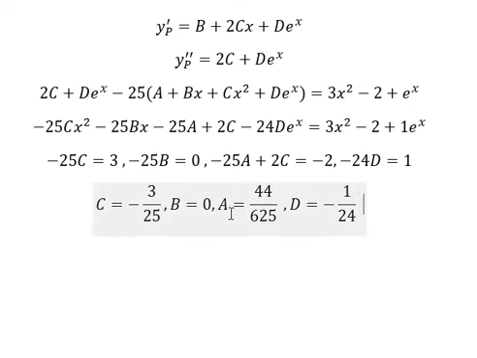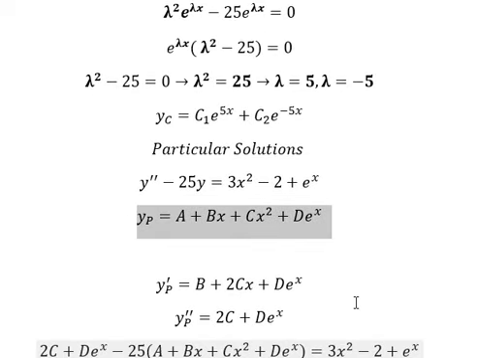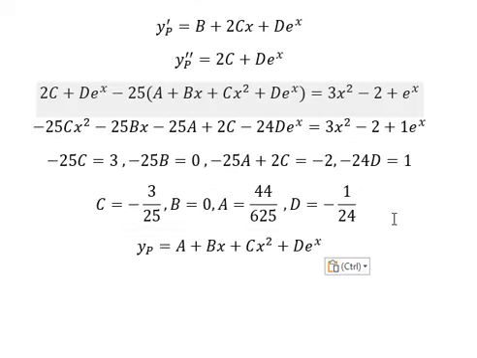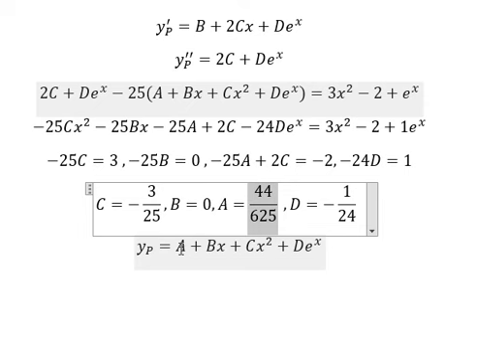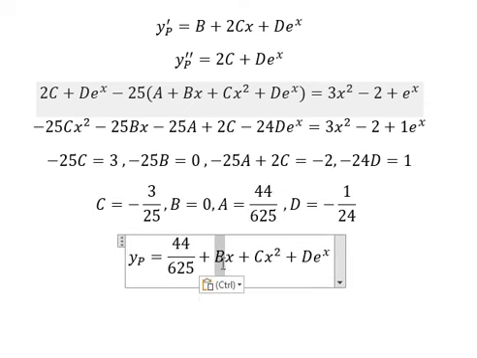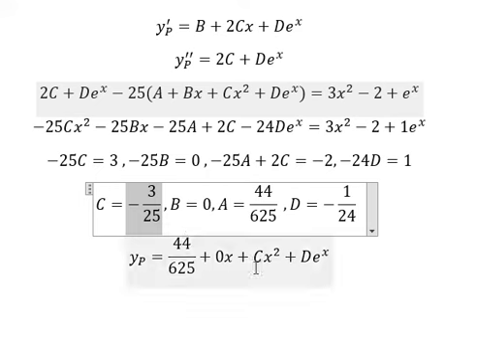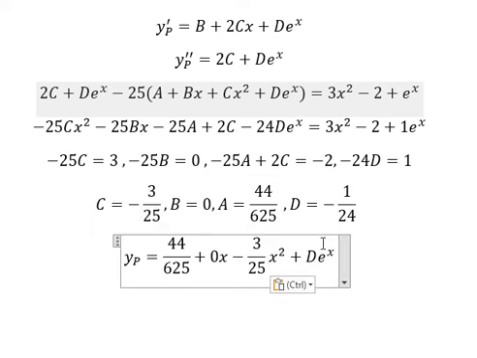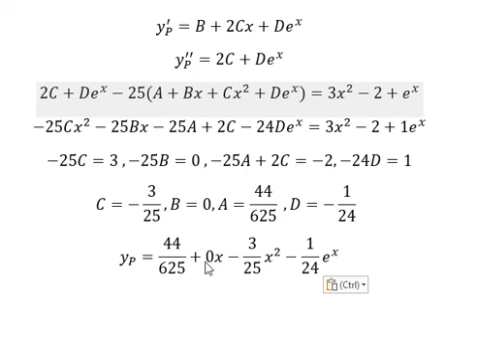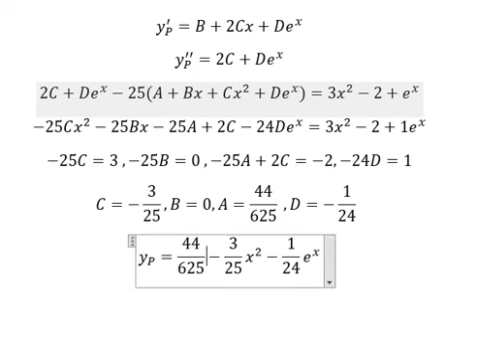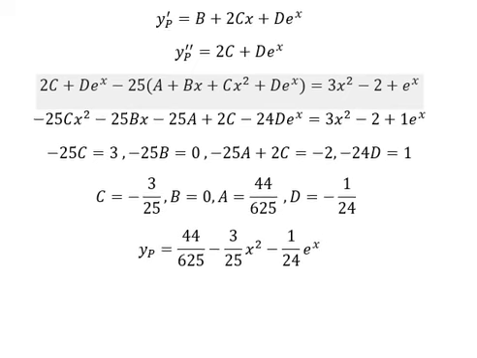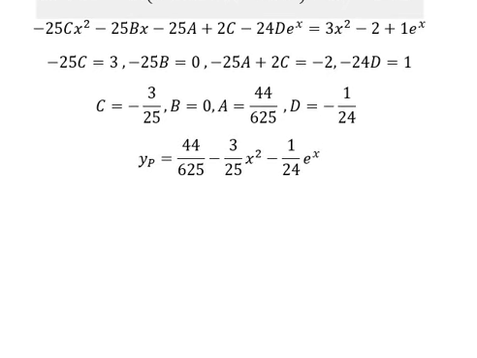Now I will put A, B, C, D in here. So A we put in here, B you got 0, C is this one, D is this one. And now we have the general solution.